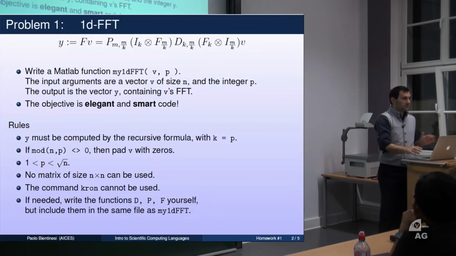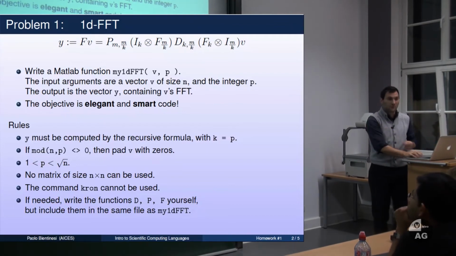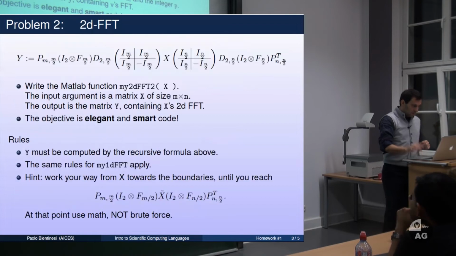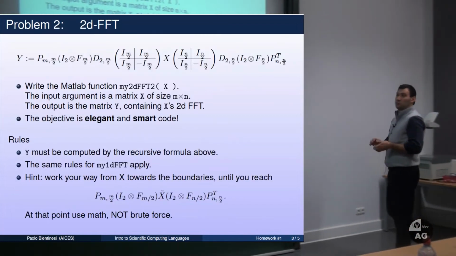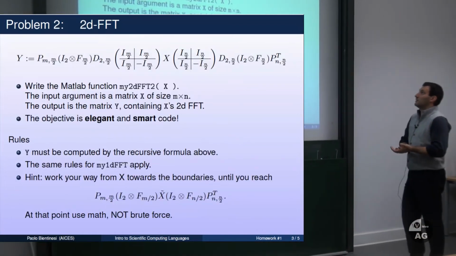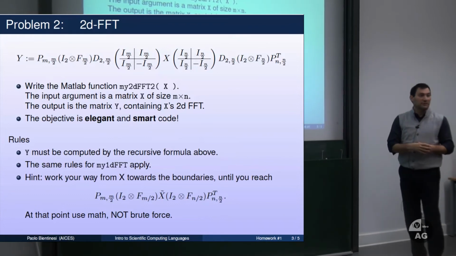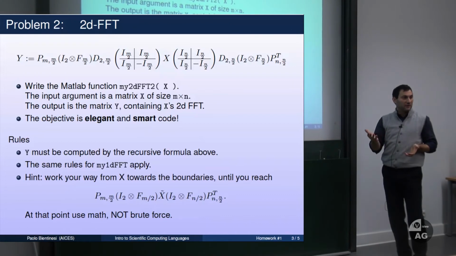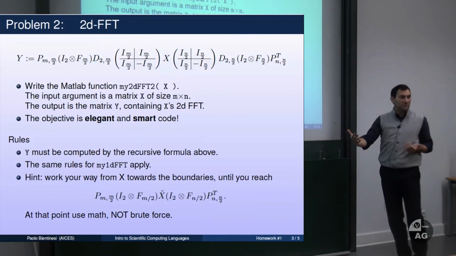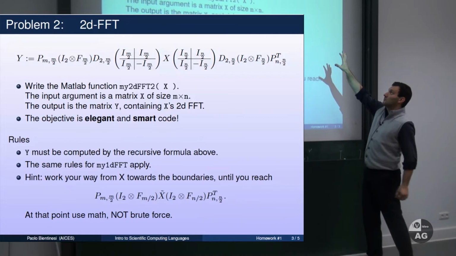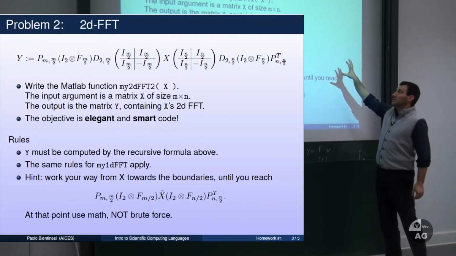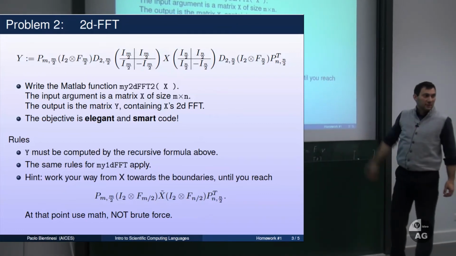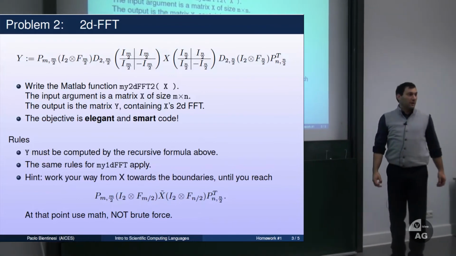All right? So if you think that this was difficult, now we go to 2D FFTs. This is the second part of the assignment. Now we got bored with vectors and we move on to matrices. Now the input is not a vector anymore, but it's a matrix X, which, by the way, can very well be an image.